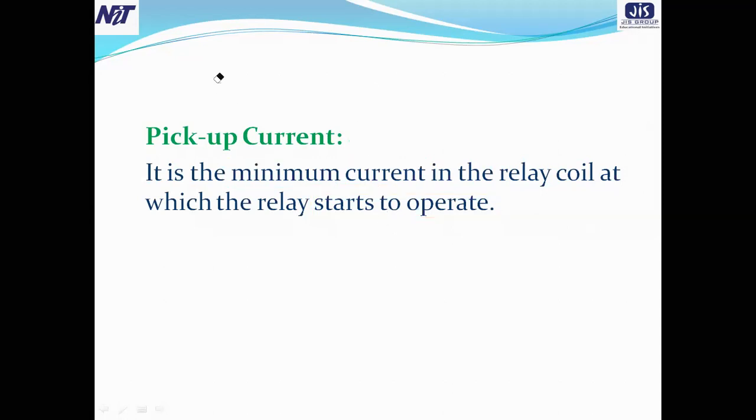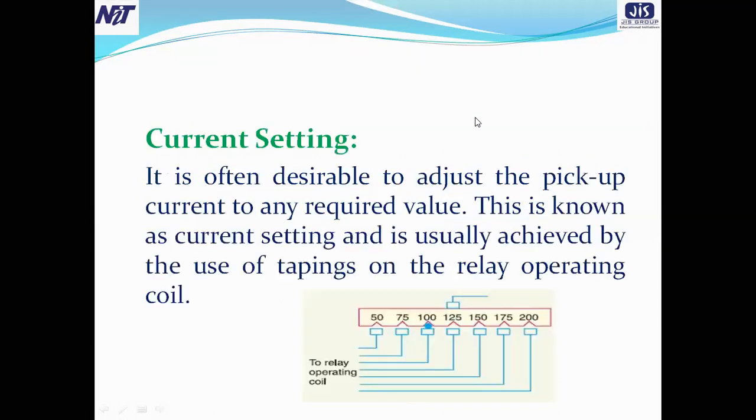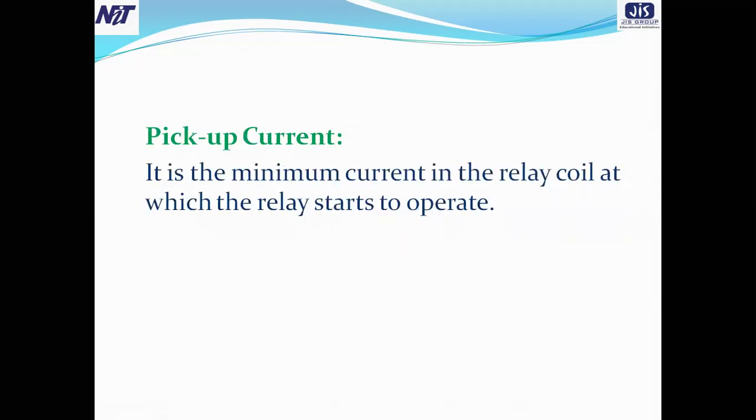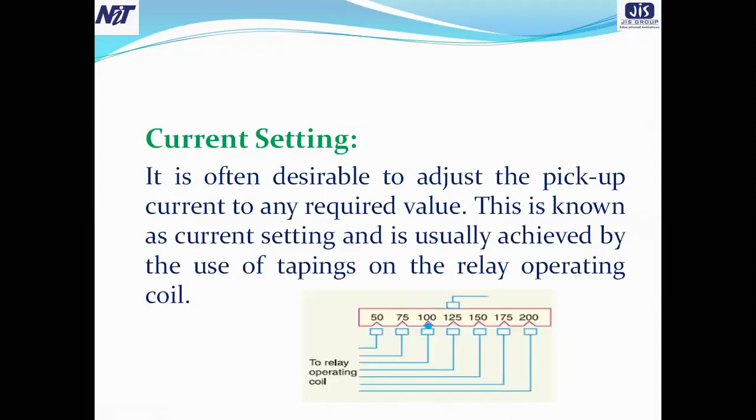Next, we will try to understand what the current setting is. It is often desirable to adjust the pickup current. We already know what the pickup current is from the last slide: the minimum current. Now the current setting means adjusting the pickup current to any required value, as per the requirement.